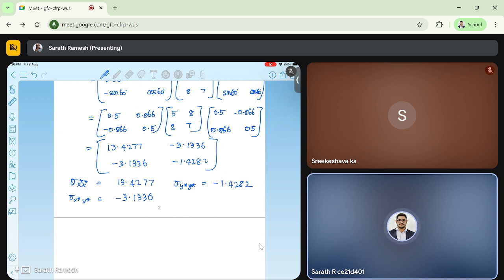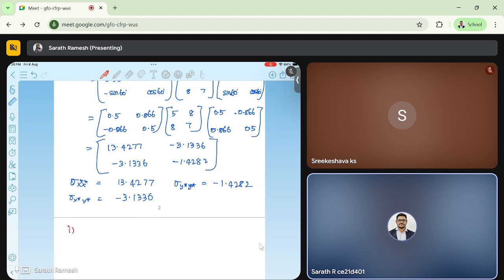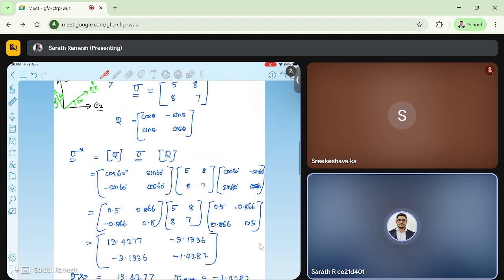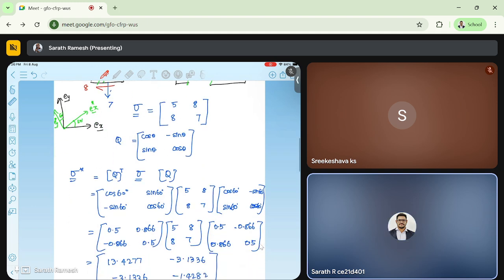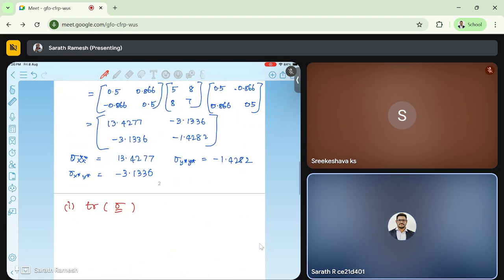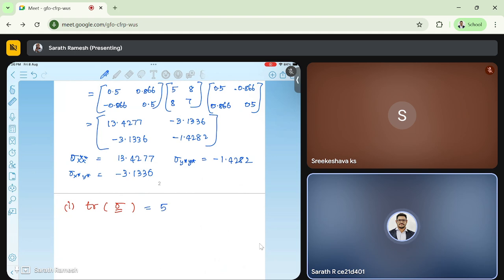What is trace of sigma? First invariant was trace of sigma. So trace of sigma and trace of sigma star, let's find out. The trace of sigma was 5 plus 7, which is 12.